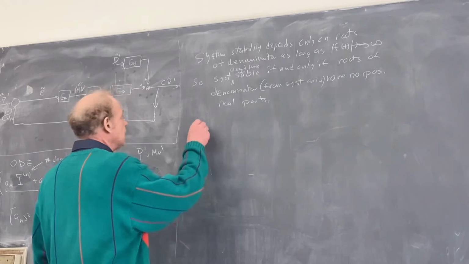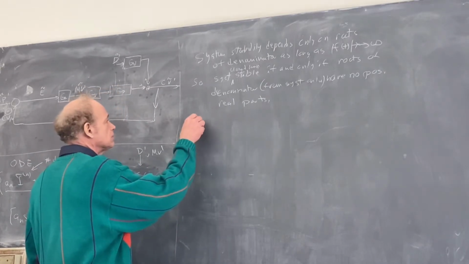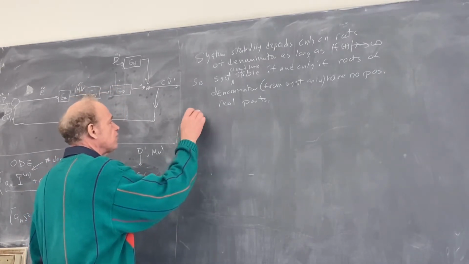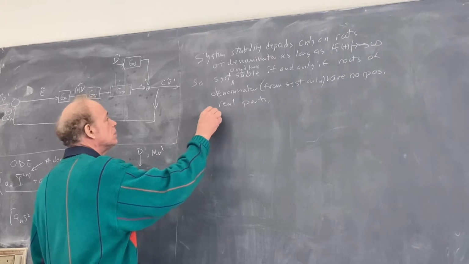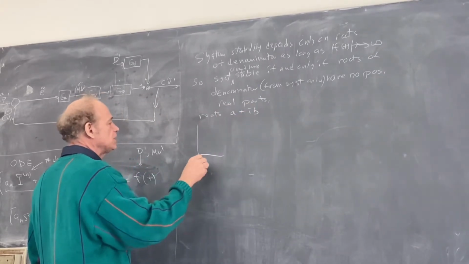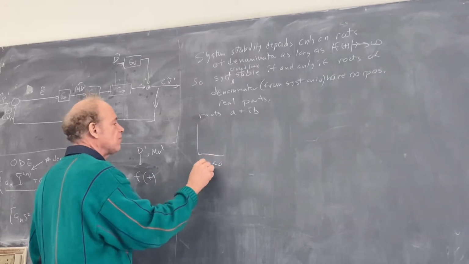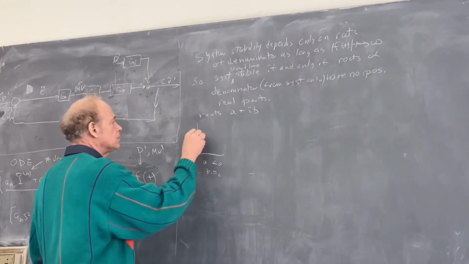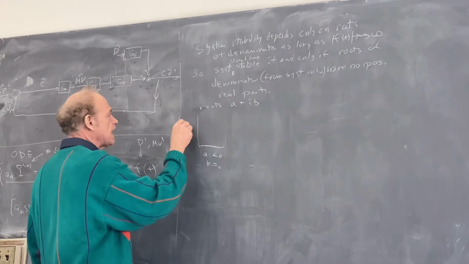Let's just notice what that would look like, so let's look at different situations. If the roots are a plus ib, here's a situation where a is negative and b is 0. Here I'm looking at, say, the output y prime.